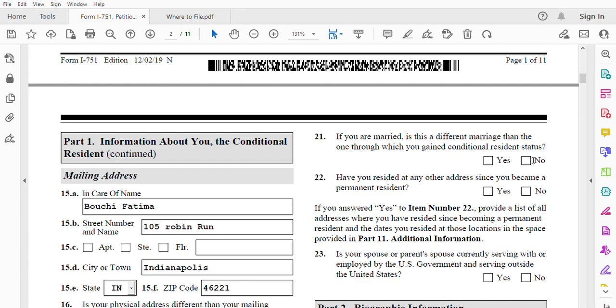In my case, no. It's the same marriage. Have you resided at any other address since you became a permanent resident? This is very important. If you say no, you're good to go. But if you say yes, you're gonna provide any address that you lived at since you got your green card.